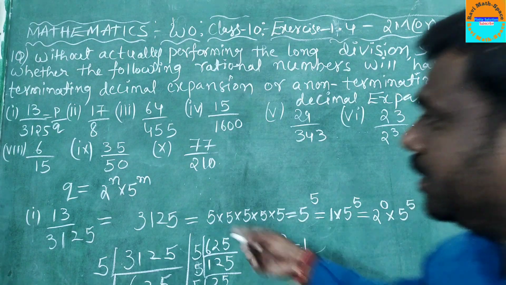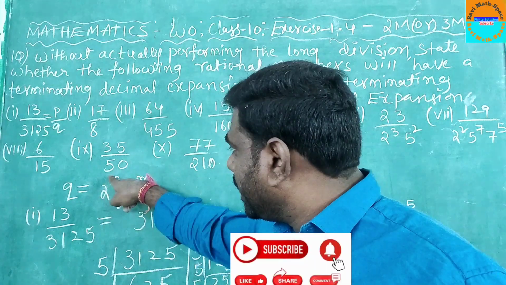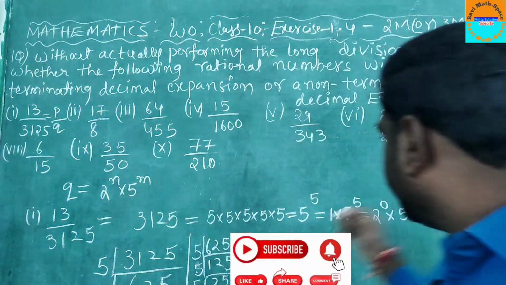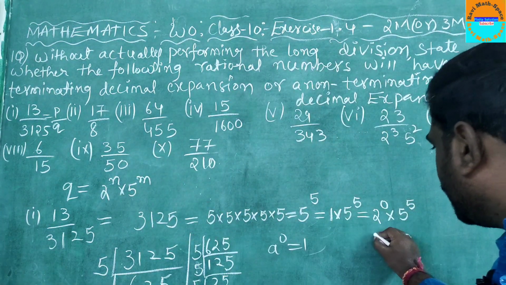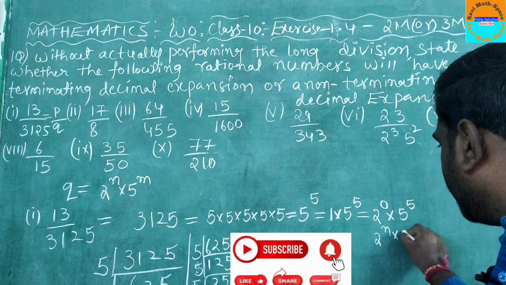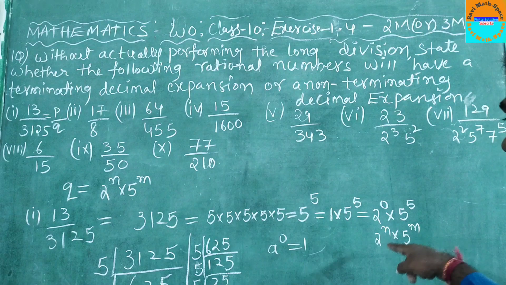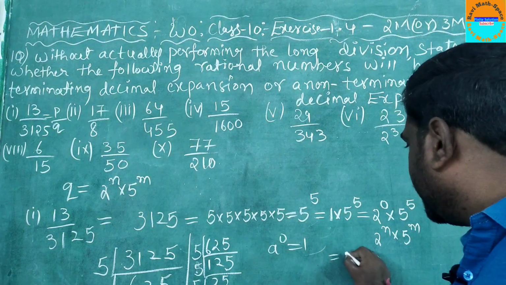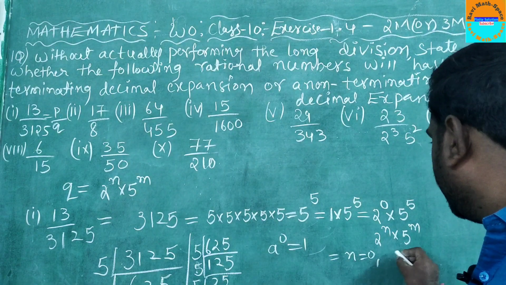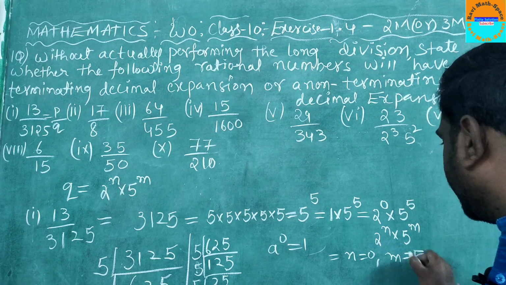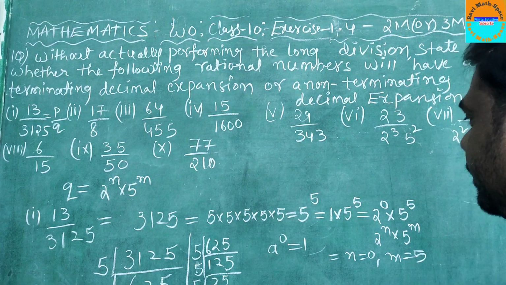Now check: is the denominator of the form 2 power n into 5 power m or not? Yes, it is of that form. What are the n and m values here? Here n is equal to 0 and m is equal to 5.